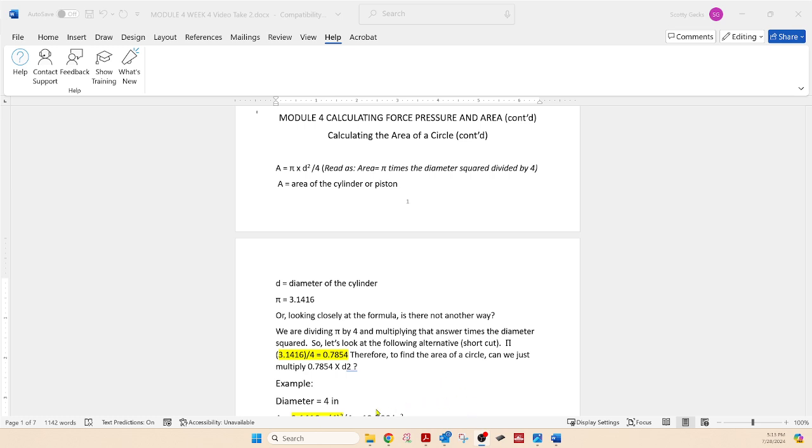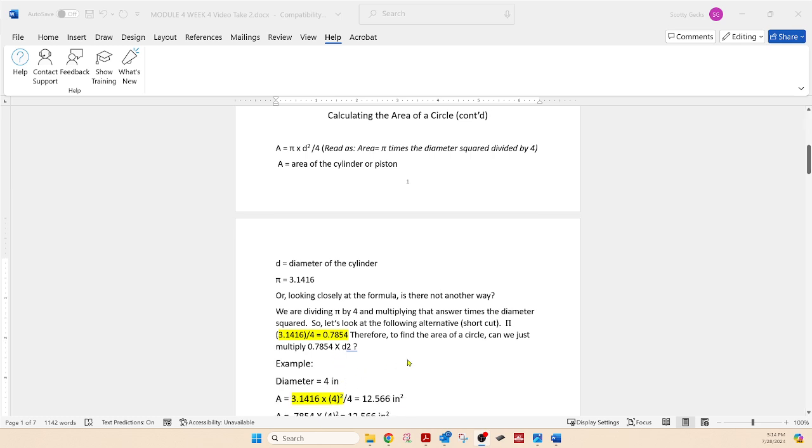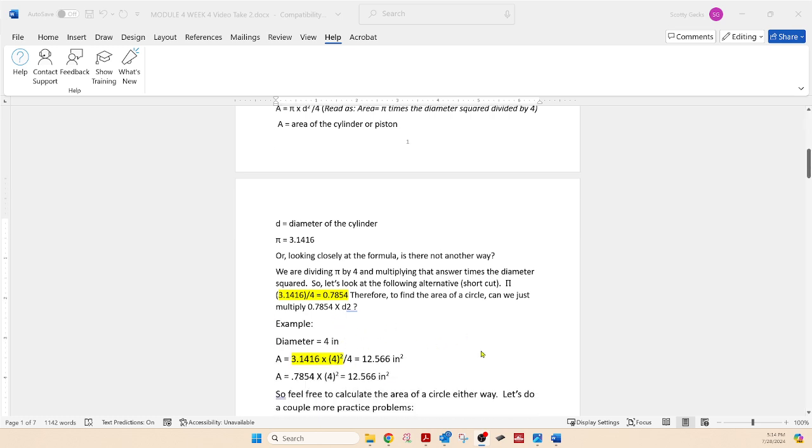So now to me, and I've already changed it in my mind, if I want to know the area of a circle, I will take 0.7854 and multiply that times whatever the diameter squared is. For instance, down here, I think I got an example. We have a given diameter of a piston for a cylinder that's 4 inches, and we need to know the area of it.